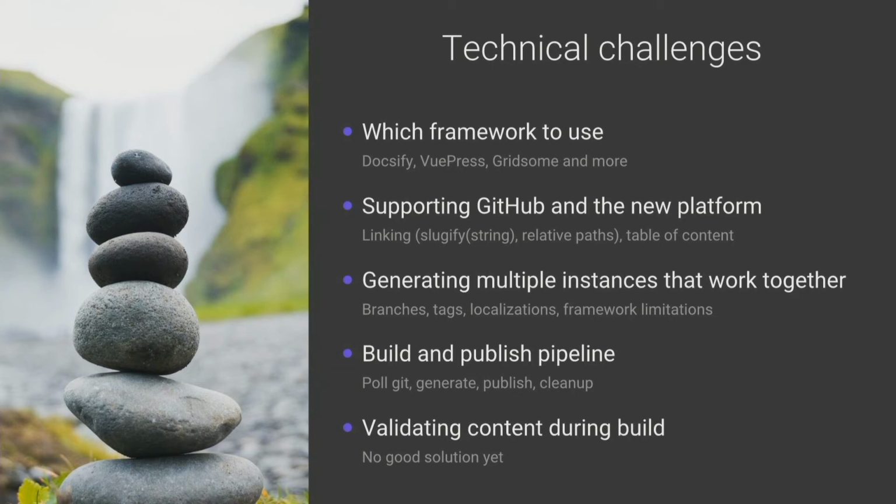Secondly here, as already mentioned, supporting both the GitHub-flavored Markdown as well as the new framework. So the first thing there is actually linking. VuePress handles generating anchor links a bit differently by default than what the GitHub documentation has or what the GitHub-flavored Markdown suggests.